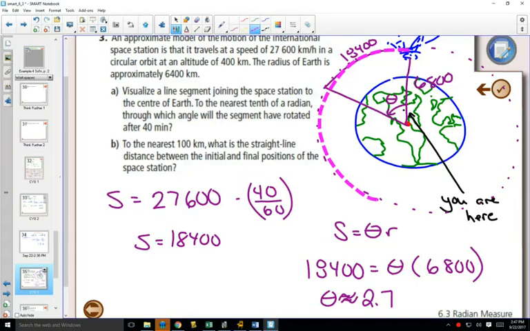Because halfway around would be how many radians? 180 degrees would be 1 pi. Right, 180 degrees is pi radians, and pi is 3.14. We're traveling 2.7. So this is a more reasonable answer.